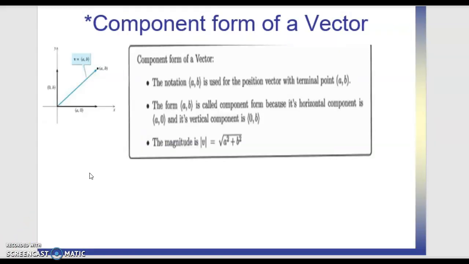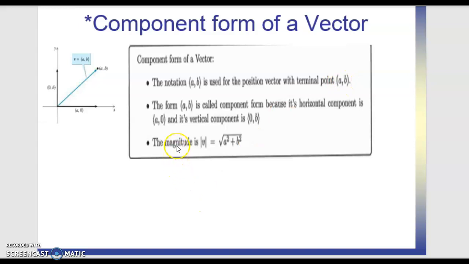Looking at the component form of a vector. So using component form to identify a vector. The notation a, b inside the symbol for component form, which looks like a less than and greater than symbol, or a V opening to the left and another one opening to the right, is used for the position vector with terminal point (a, b).